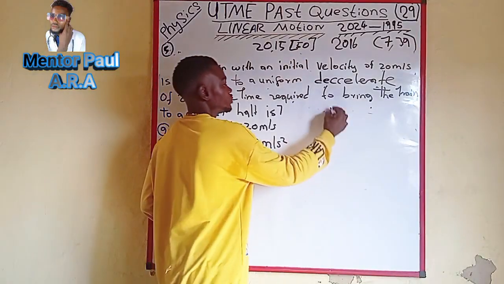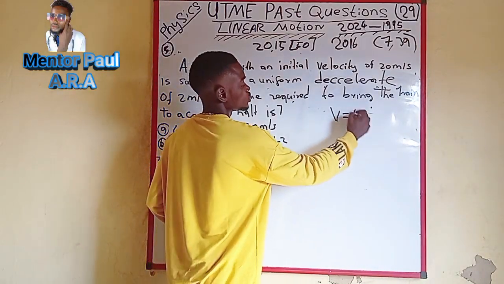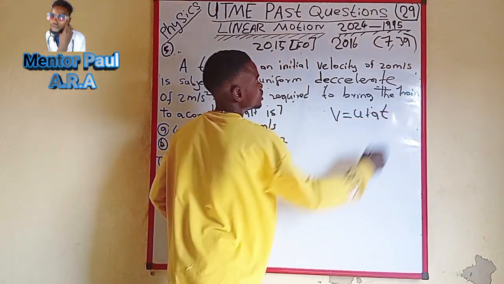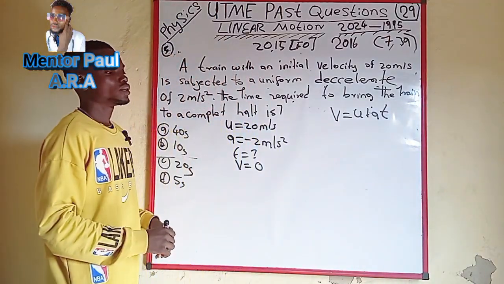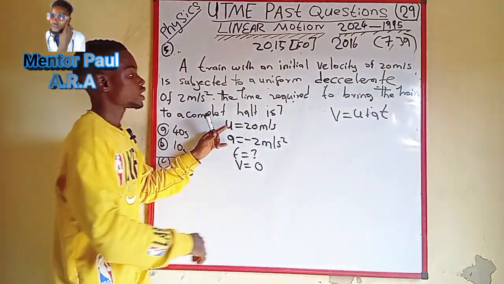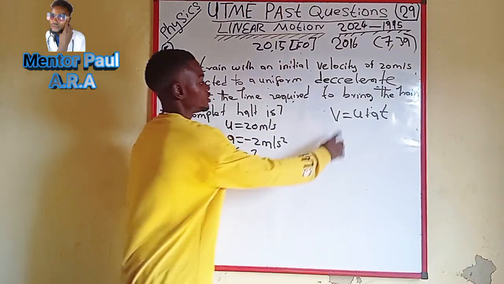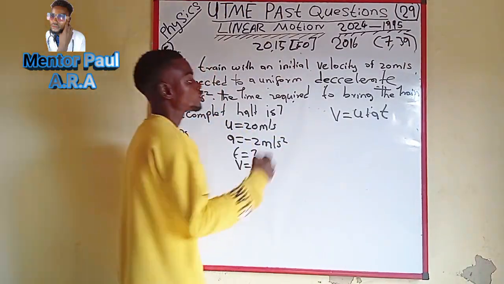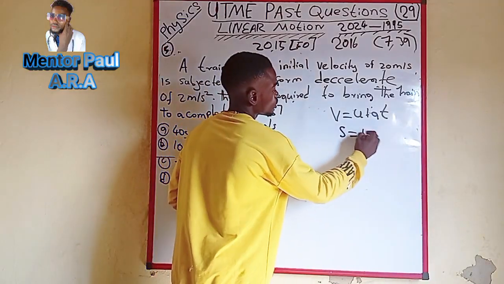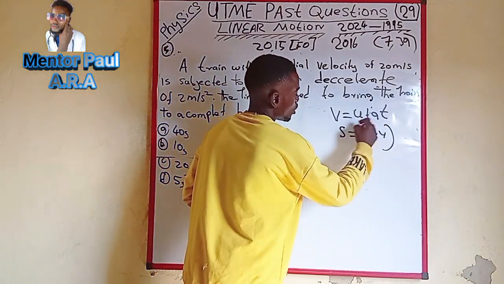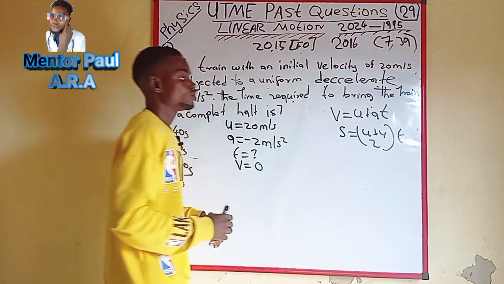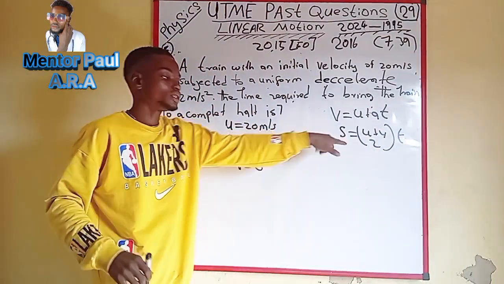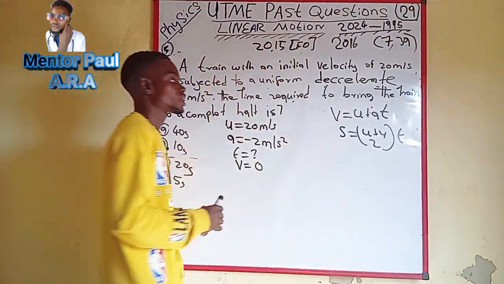Now we're going to use v equals u plus at. This is a formula that is suitable for this expression because we have the u, we also have the v, we have the a, and we have the time. Whereas if we go with the second formula, which is s equals u plus v all over 2 times t, you find out that we have a distance, which is not required and was not asked.